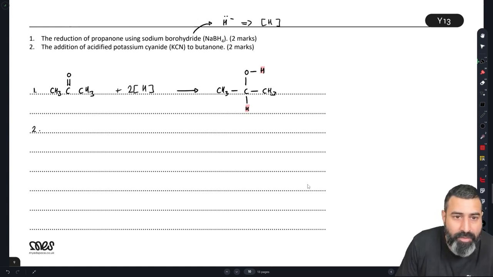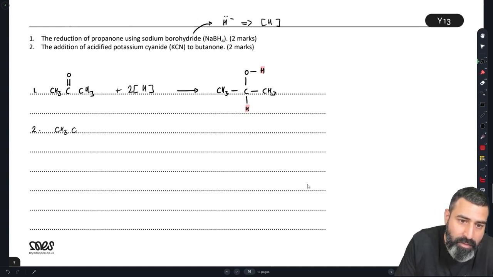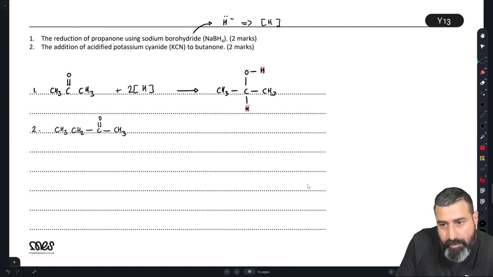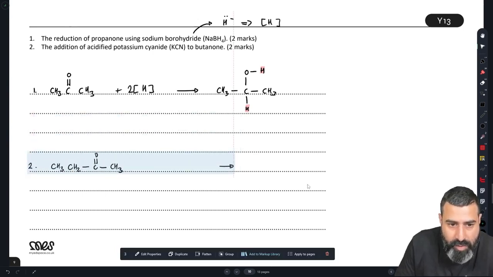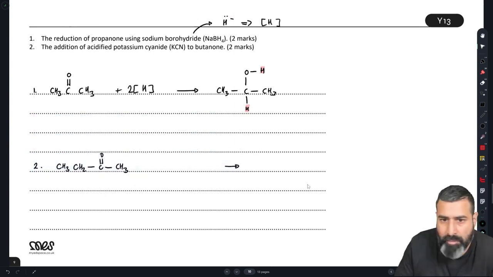Okay, so for number 2, we're reacting butanone this time. CH3CH2COCH3, and then we are going to add acidified KCN. So we're going to get a nucleophilic addition here.